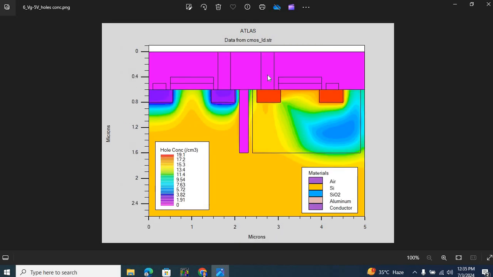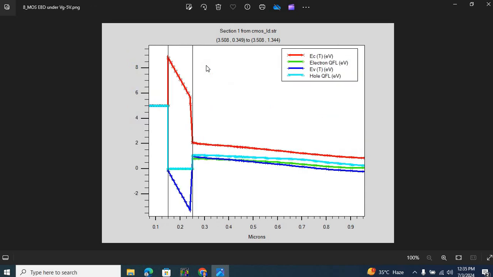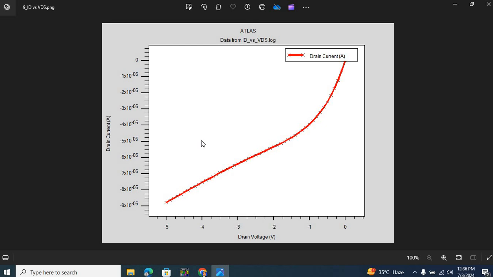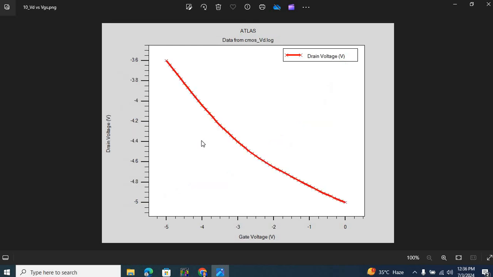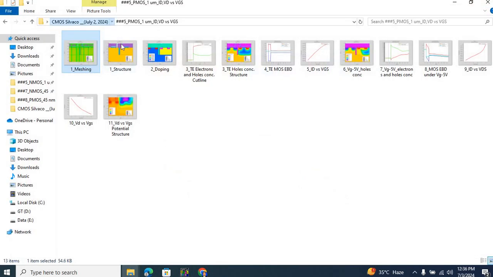Now this is the hole concentration profile under biasing, connecting the drain with the source for the PMOS. Here is the hole concentration under biasing, pretty high at the channel. Here is the metal oxide semiconductor energy band diagram under biasing. Drain current versus drain voltage, voltage transfer characteristics, and the potential across the entire structure.